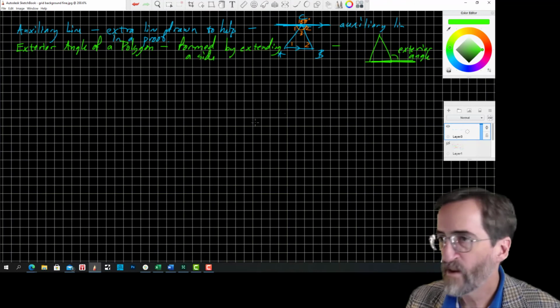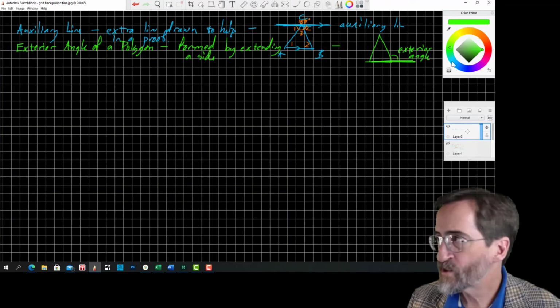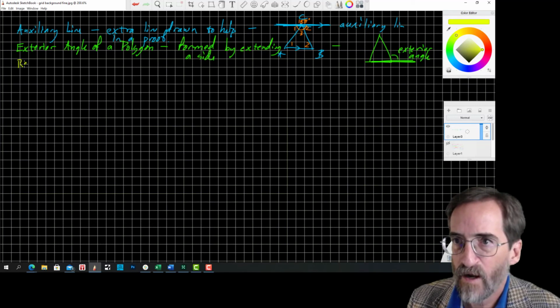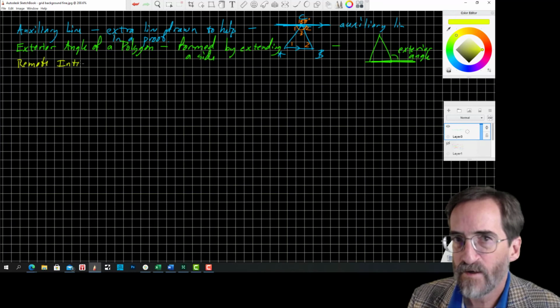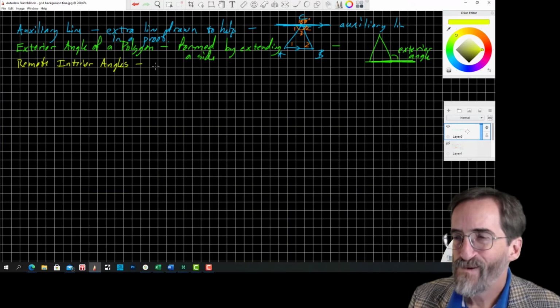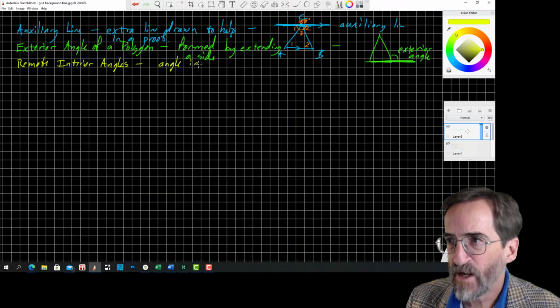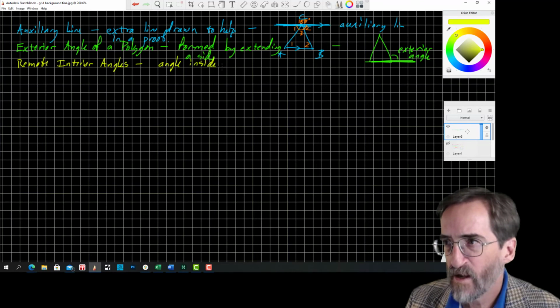And then remote interior angles. Angles inside, but opposite an exterior angle.